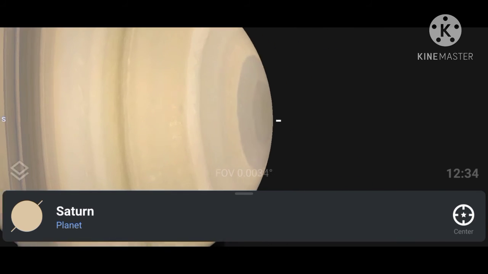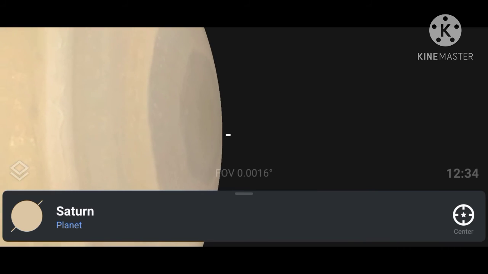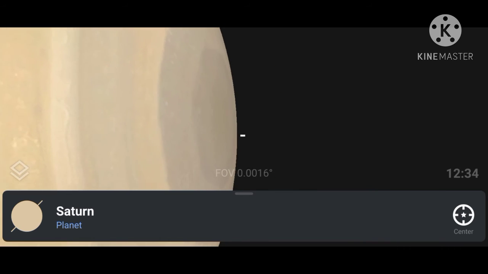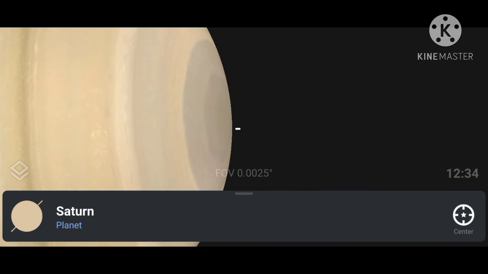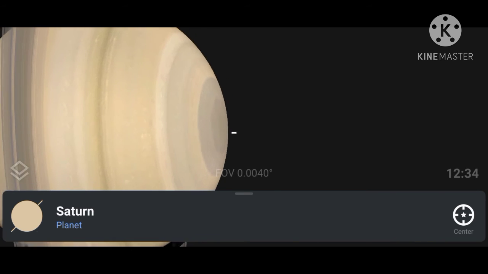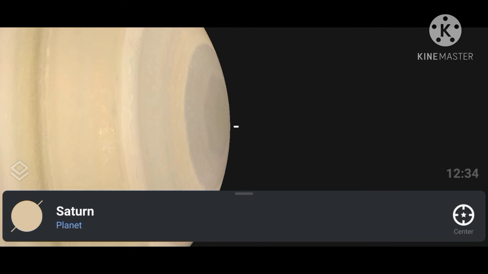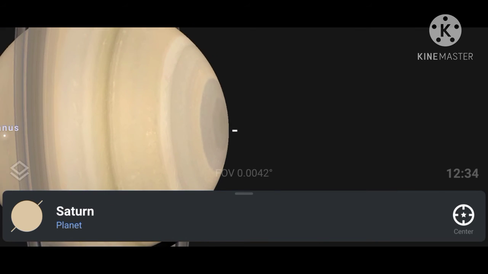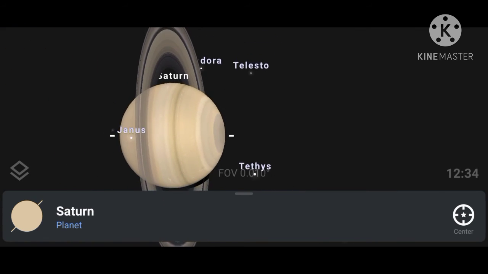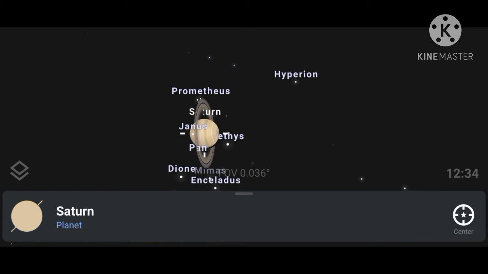Another mystical feature about this planet is the existence of a hexagonal weather disturbance that is similar to Jupiter's Great Red Spot. However, this weather disturbance is located at the north pole of the planet.